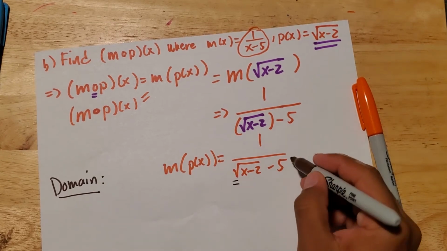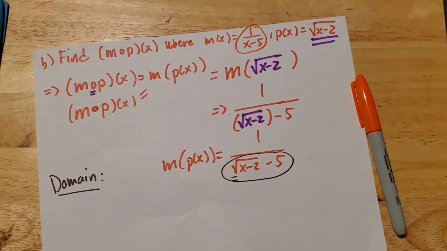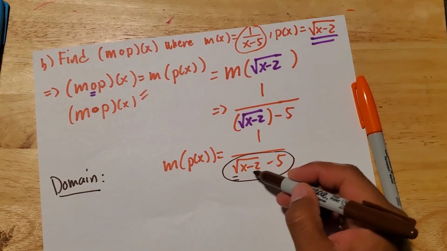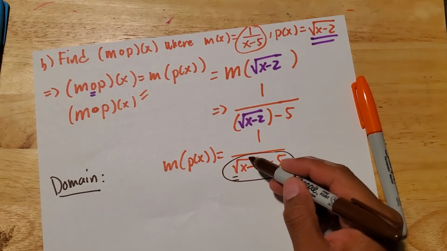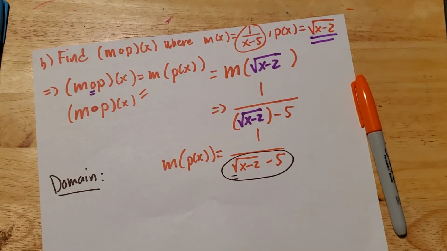But at the same time, there's a denominator, meaning I don't want this to be 0. And the only way for this to be 0 is for this square root to simplify to a 5, because 5 minus 5 gives me 0.